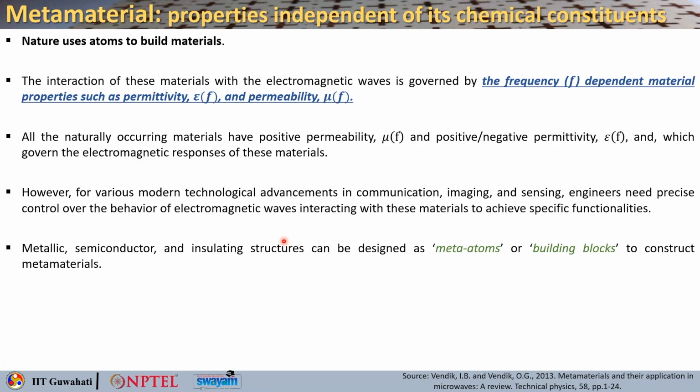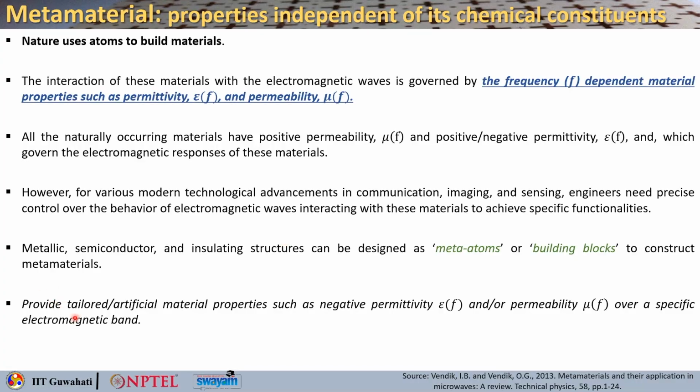In that direction, when you use metallic, semiconductor or insulating structures to design meta-atoms or the unit cell for the metamaterials, you can obtain that kind of control over the material's property, so that you can guide the electromagnetic wave to behave the way you want.